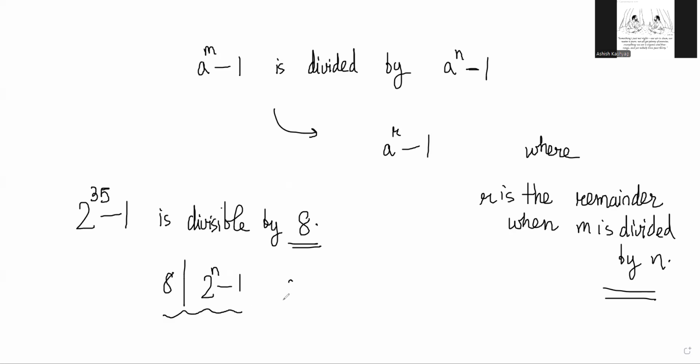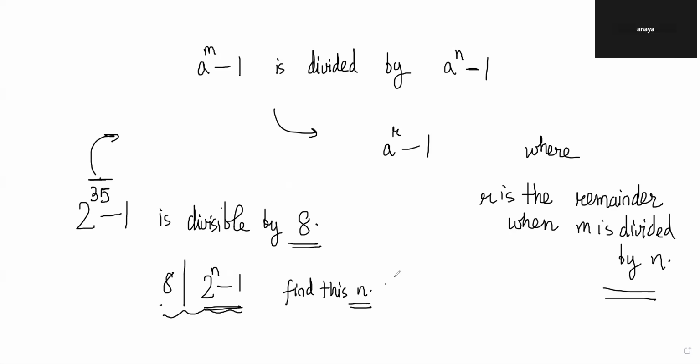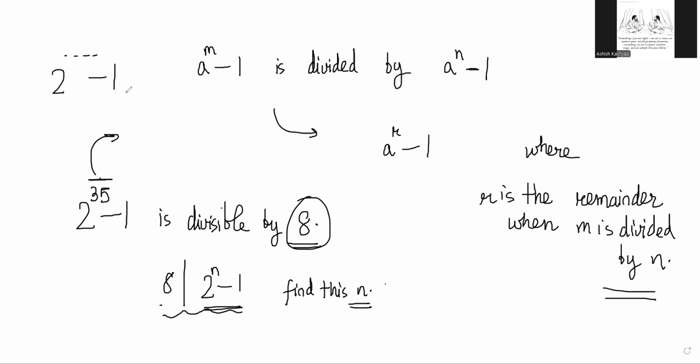Then this thing has to be divisible by that smallest number. This is not restricted to powers of 2, it is valid for any a power something.